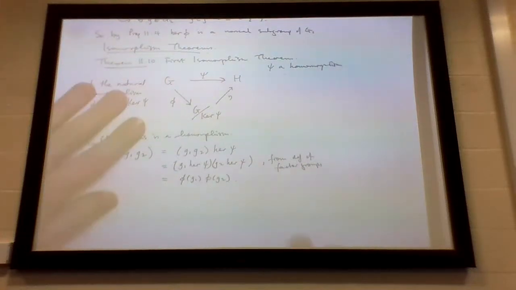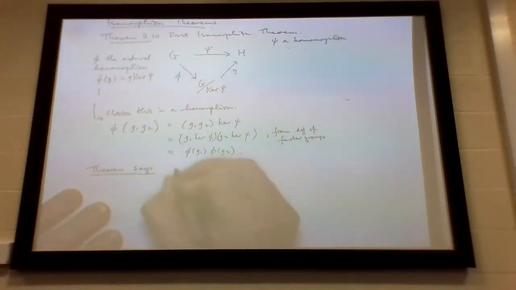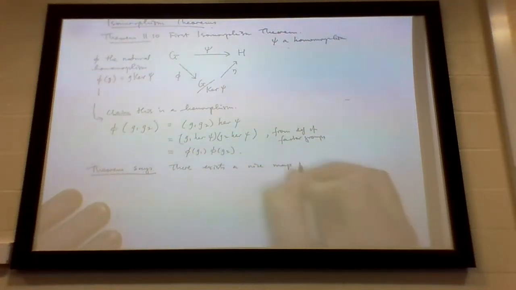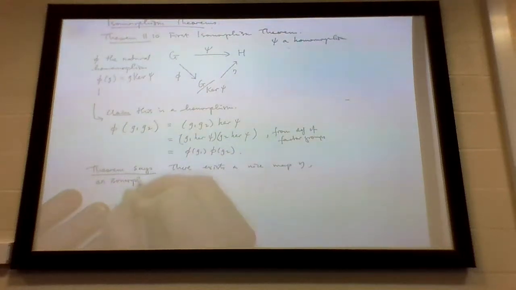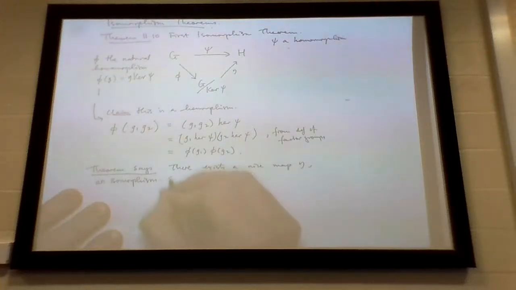So the theorem says there exists a nice map eta, well, stronger than that, an isomorphism between these groups, satisfying that psi is equal to the composition eta after phi.